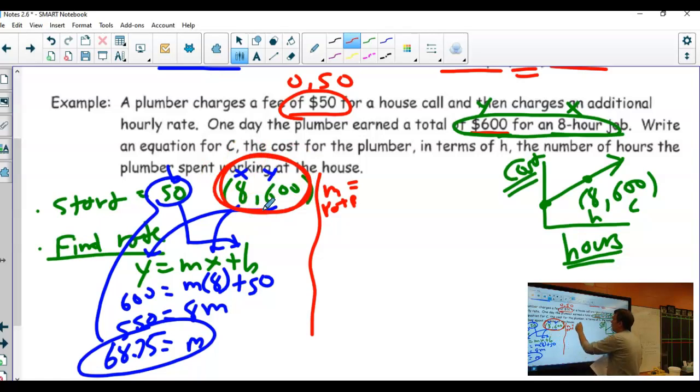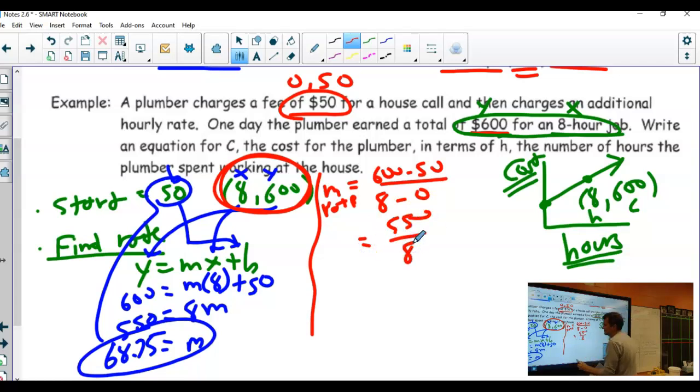So I could do y minus y over x minus x. That would give me 550 divided by 8. Same thing I had over here, by the way, which would give me 68.75. And again, I have found the slope, or the rate, right?